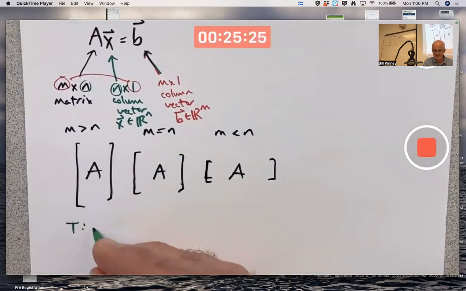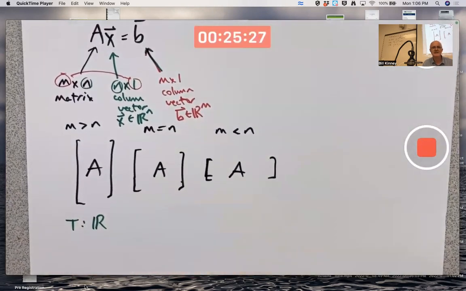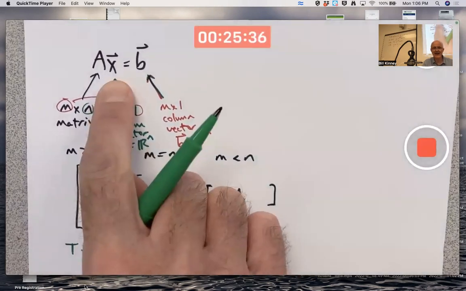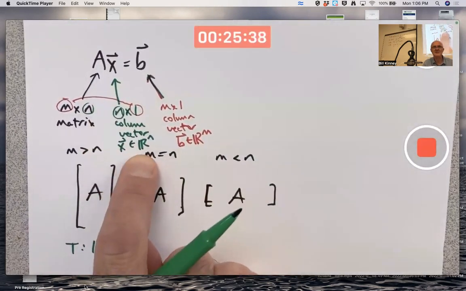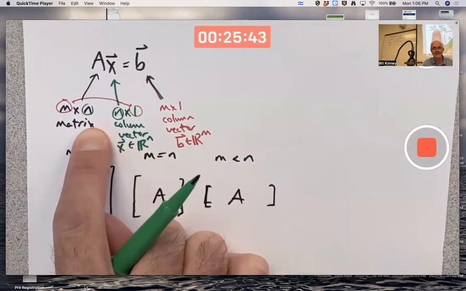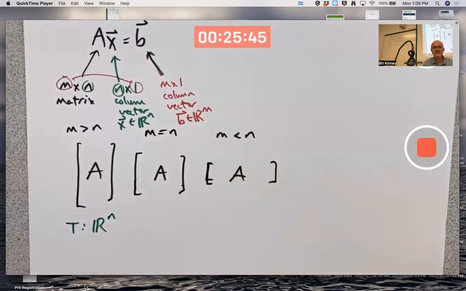T, is the domain Rm or Rn? Rn, because the input vector X has to be n-dimensional because A has n columns, that's why. So the domain of this transformation is Rn.